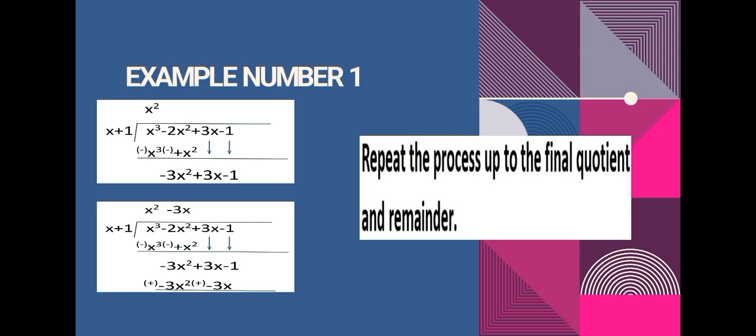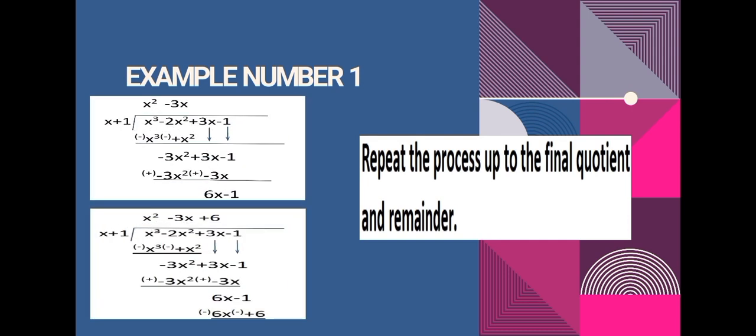Negative 3x squared plus 3x squared is equal to 0, and then 3x minus positive 3x is equal to 6x. Then we'll bring down negative 1. So this is now our new dividend.